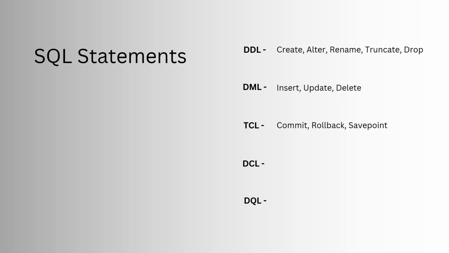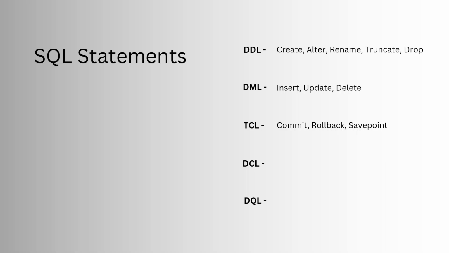Usually we use these commands to save the changes permanently. If you are inserting, updating, or deleting a row, it's necessary to perform TCL commands right after that. Let's say using commit, you can save the DML operation permanently in the database.